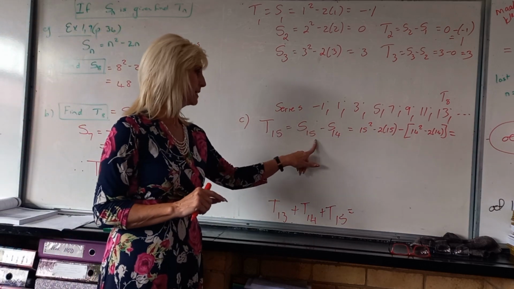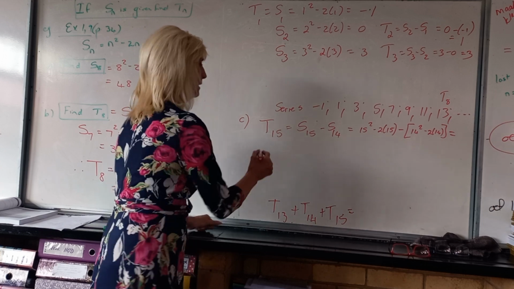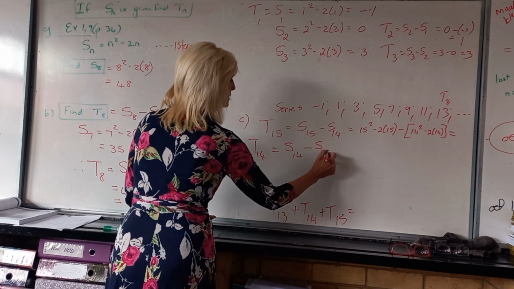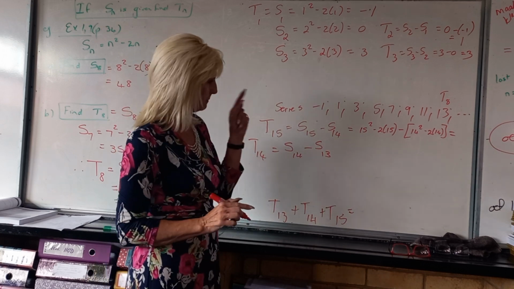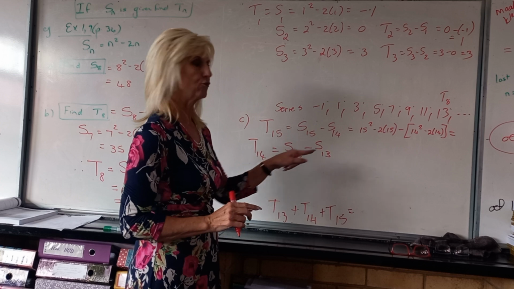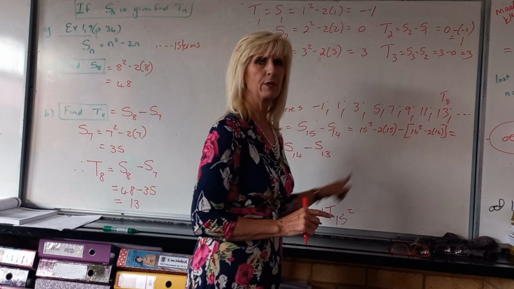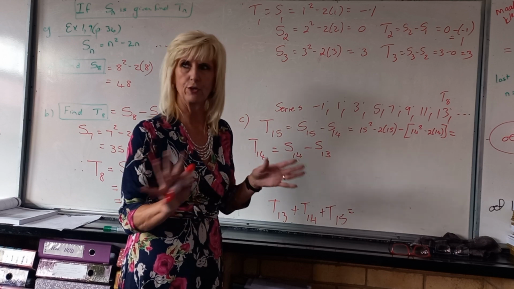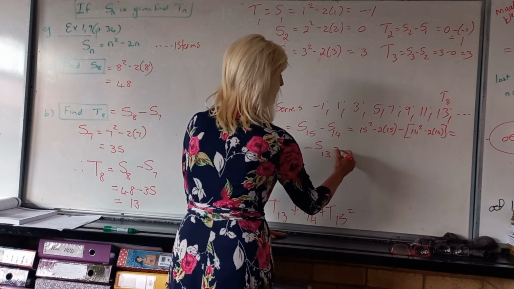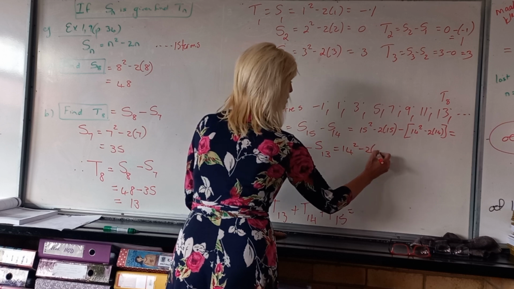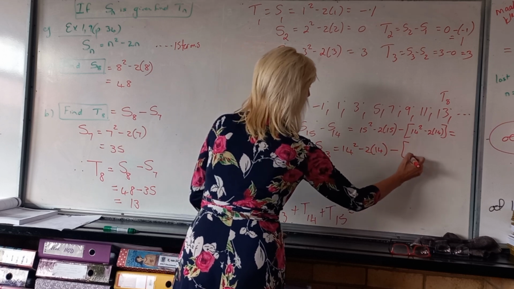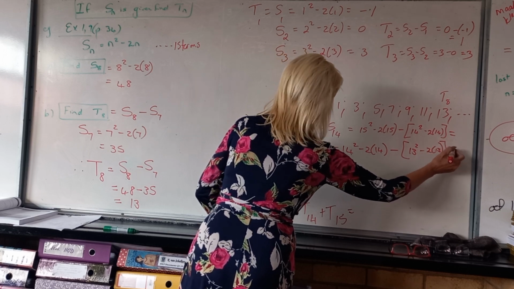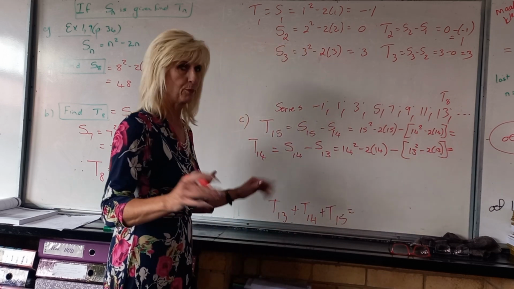So T15 is S15 minus S14, and T14 is S14 minus S13. But now I'm thinking, if I did my job and I showed everything, then I've already got S14 there. Now I'm going to do it twice. Oh no, I don't want to do that. Guys, it's up to you. You can do it double, you don't have to. Because if you write it down like that again, 14 squared minus 2 times 14 minus 13 squared minus 2 times 13, and just give the answer without any showing of calculations, that's perfect.